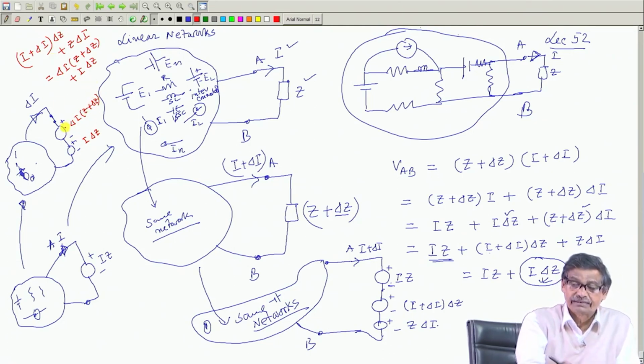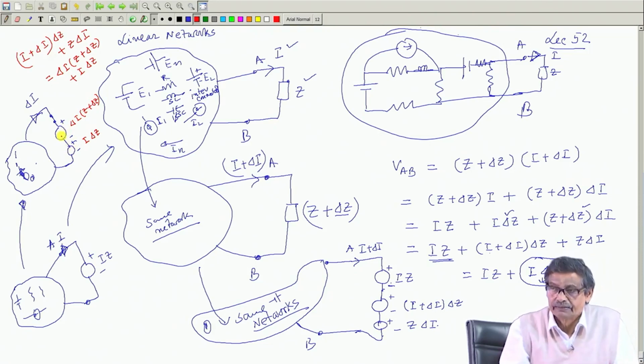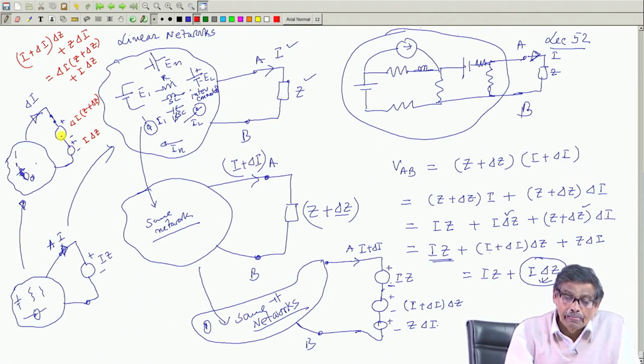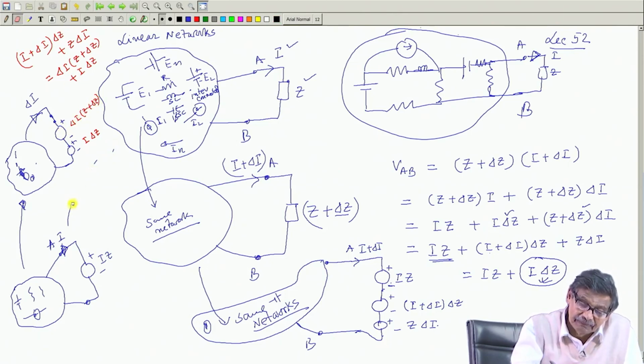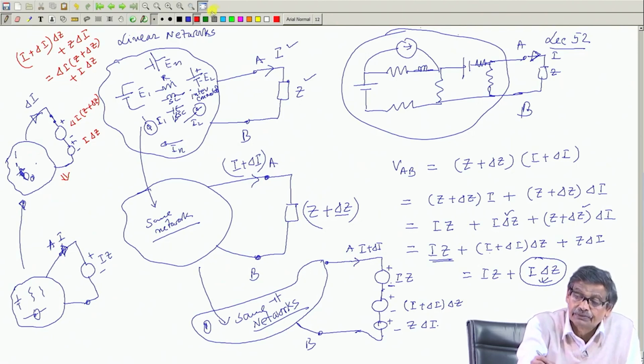These two are the same as this network, nothing changes. Current is delta I, there is a battery here, delta I into Z plus delta Z. Therefore, I will say that after this I am proceeding here, this is the network.